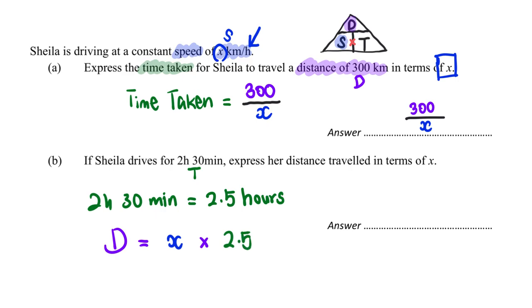So final answer, take note that the number must be in front: 2.5x. We don't need to write the units in this case since everything is in algebra.